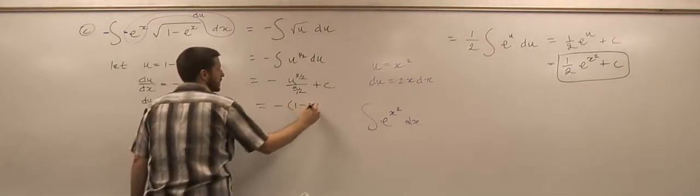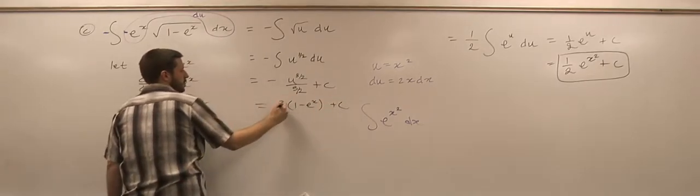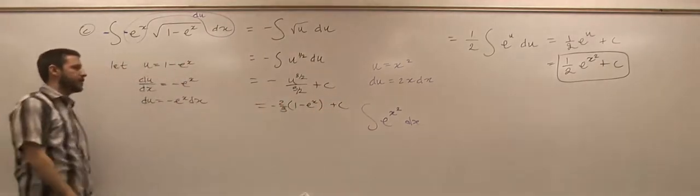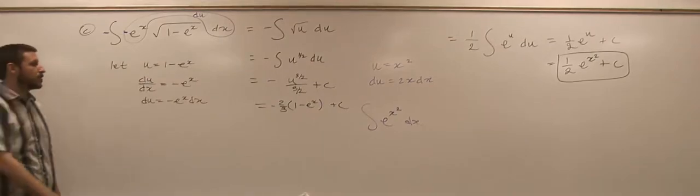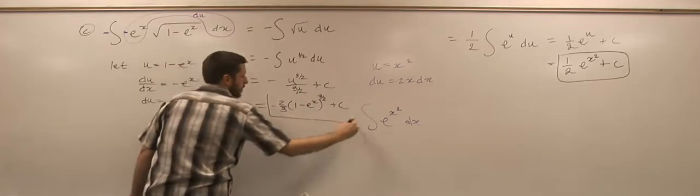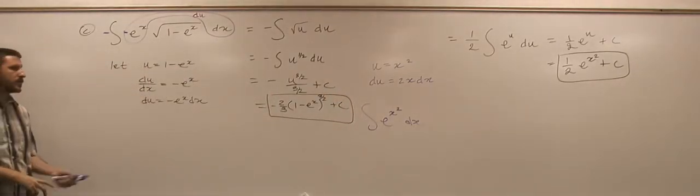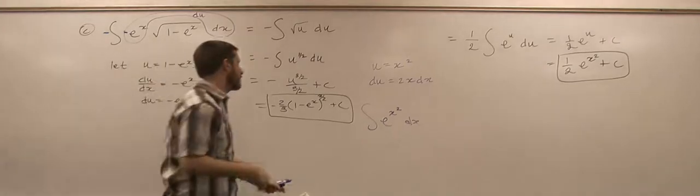Negative 1 minus e to the x when you put your u back in, up to the 3/2. 3/2 came up as 2/3 just to look prettier.